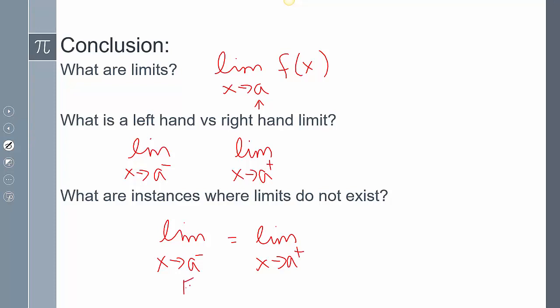This is for it to exist. Now, if they do not equal each other, then my limit will not exist. Or, remember we said defined, so even though these can be approaching the same value of infinity, because infinity itself is not a defined value, I would still say that my limit does not exist.